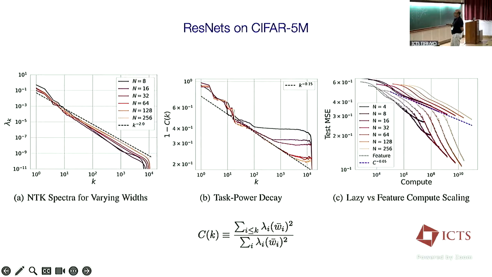Now we can also try to fit the coefficients of the task from data. These are labels here, so y is equal to w bar times the eigenfeatures here. So we can try to fit those w's.